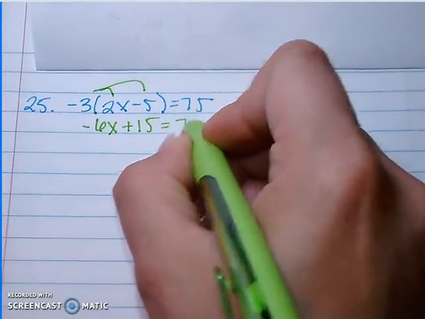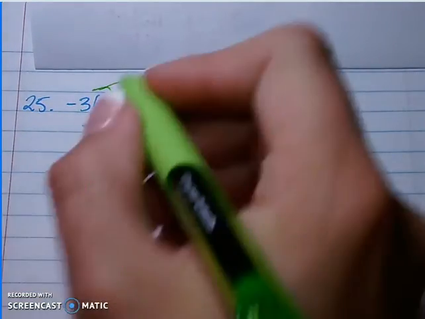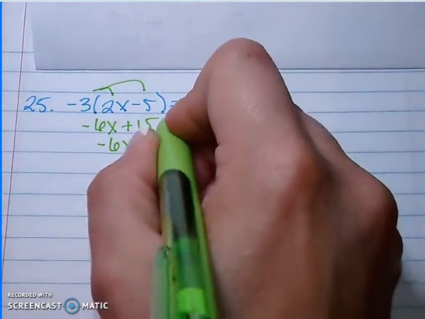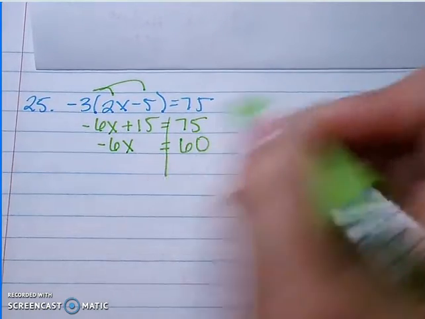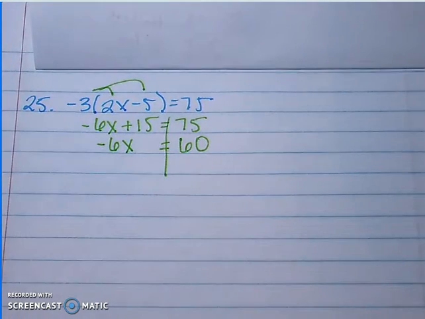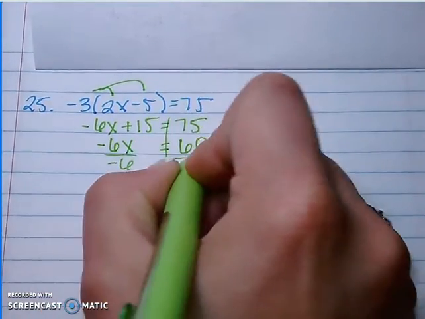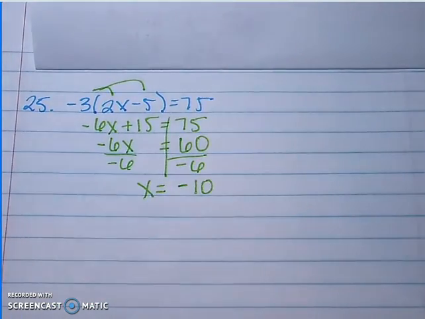If you forget those signs, the whole problem's going to be wrong. Subtract that 15 from both sides. 75 minus 15 is 60. And then divide both sides by negative 6. X equals negative 10.